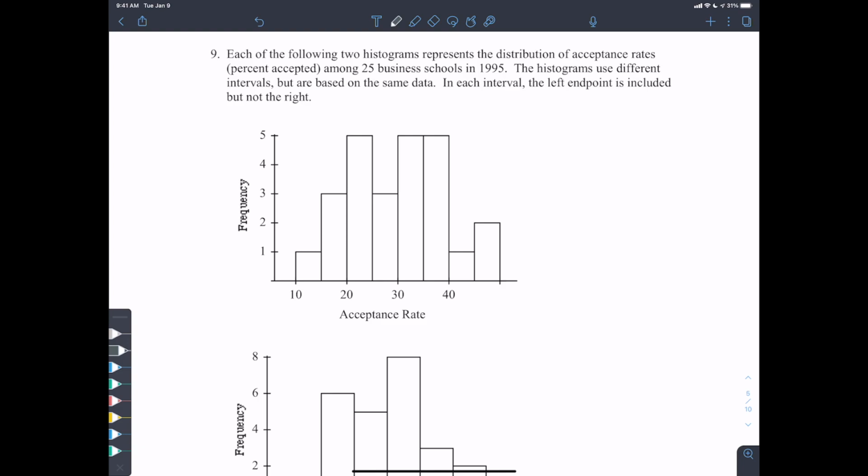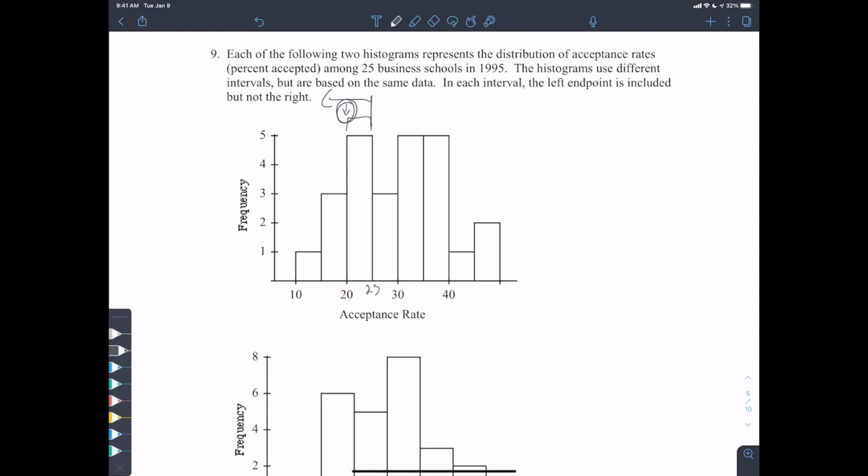Just to explain what that means, in this interval right here, between 20 and 25, it includes the left endpoint, which is this one. So from 25 and beyond, this endpoint right here is included. So what it's saying is this entire chunk doesn't represent 20, it represents 25.